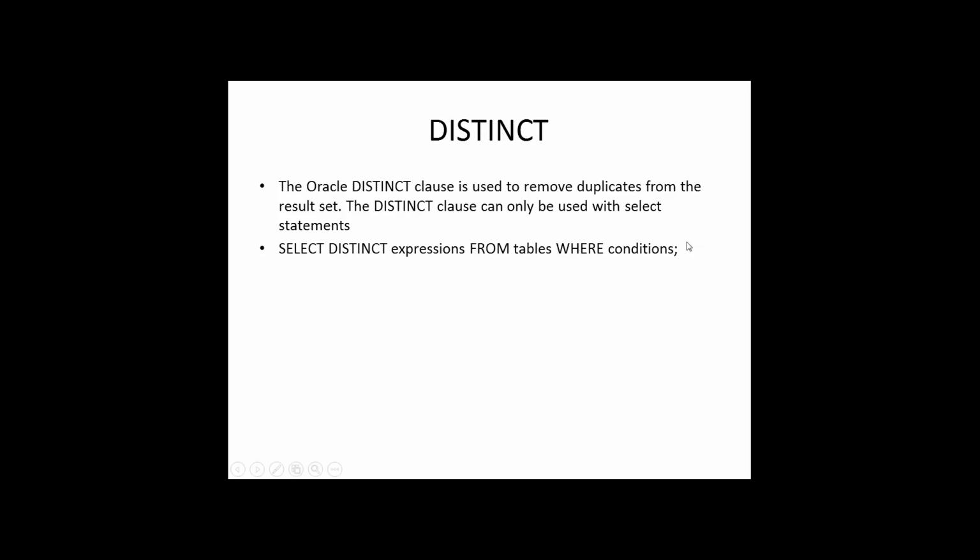For example, if you want to find how many departments there are in the employee table, we write a statement: select distinct department number from the employee table. We'll be practicing that later, but distinct gives the distinct values from the given column names of a table. That's about the distinct.